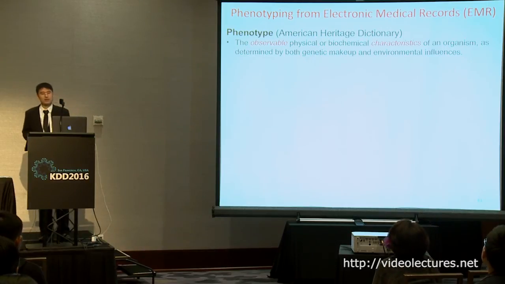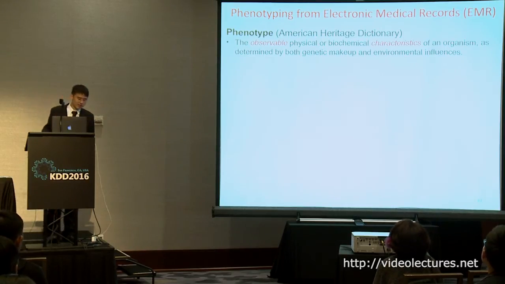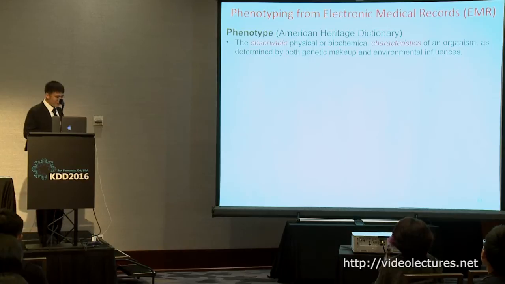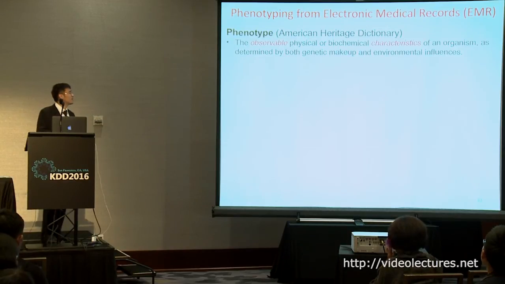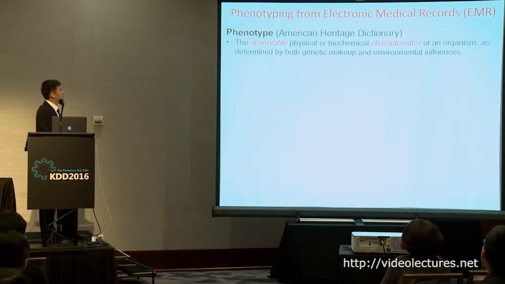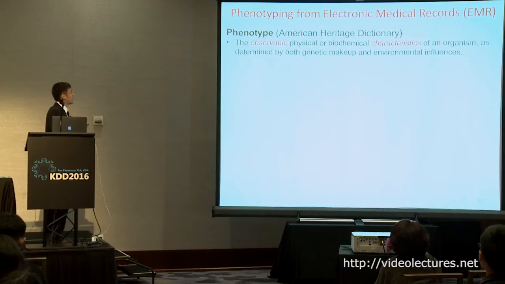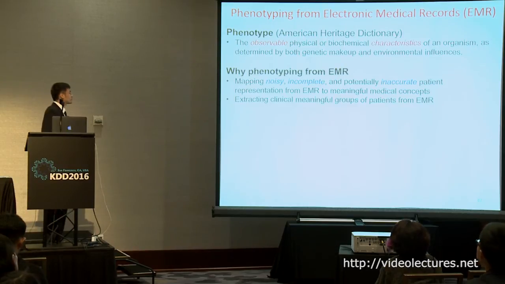If we take a look at the recent KDD, ICDM, and SDM papers, they have published a lot of papers about phenotyping. What does phenotyping mean? It's basically the observed physical or biological characteristics of something; the phenotype is the observable.